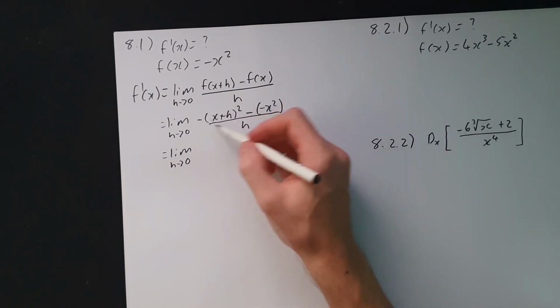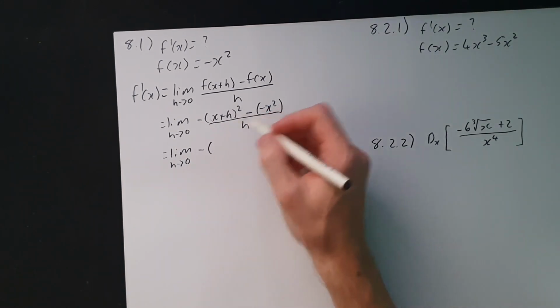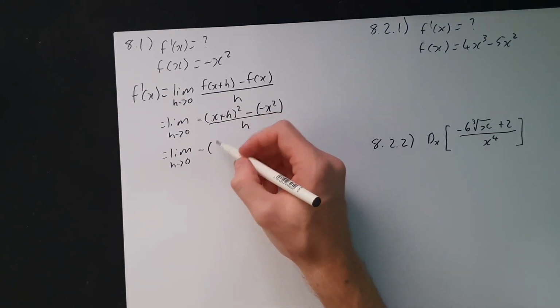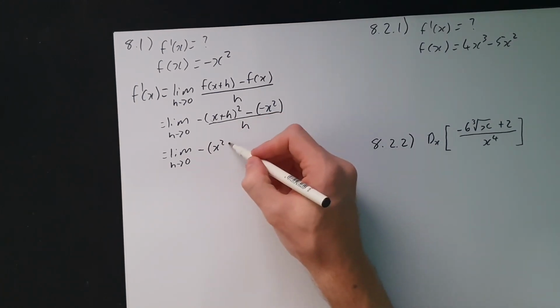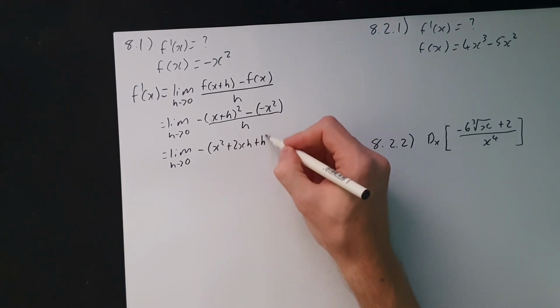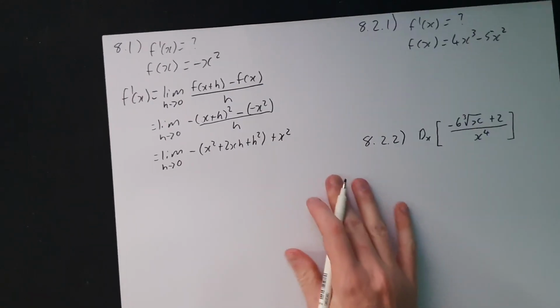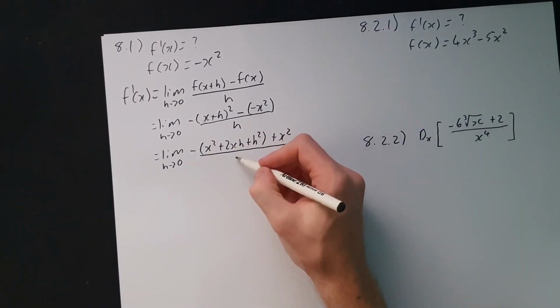Now I'm going to FOIL all that out, so that's minus on the outside. There are two of the same bracket, so it's x squared plus 2xh plus h squared, and then plus x squared, all over h.